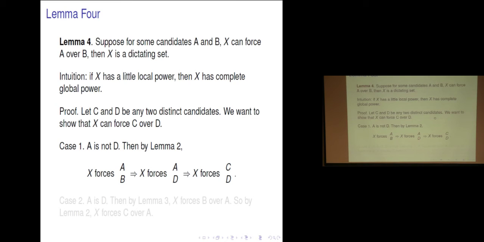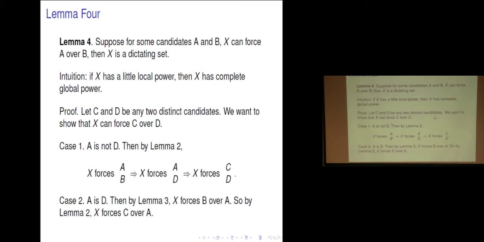No, I mean, not himself, but for example, X can force A over D. If X forces A over D, then X can force D below everybody, right? So in particular, X can force D below C, right? So X forces C over D.